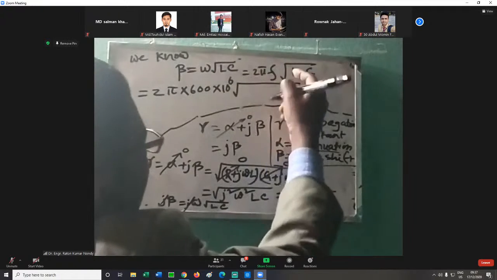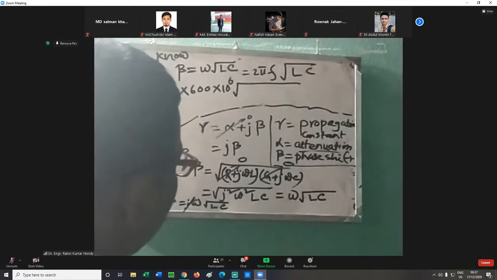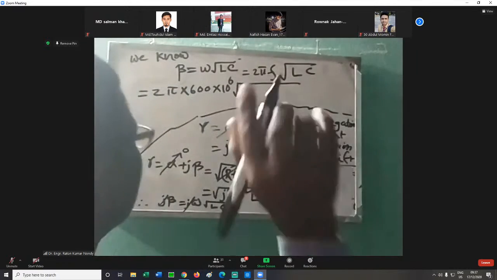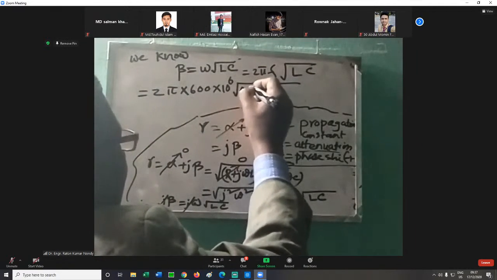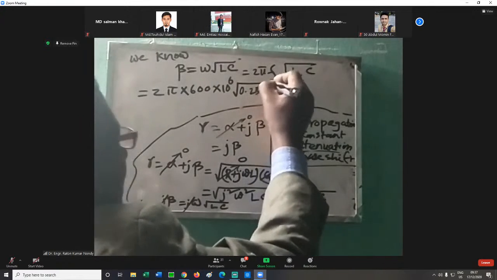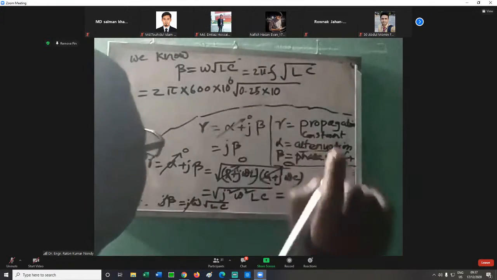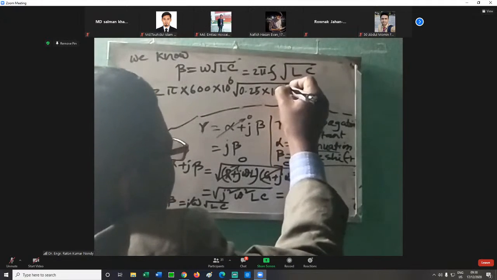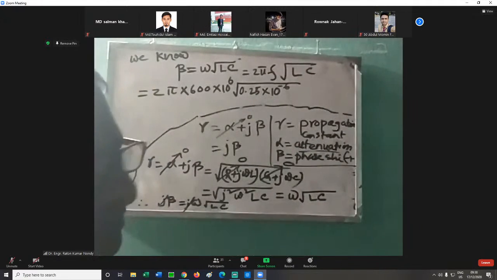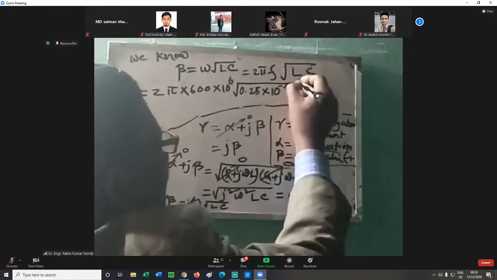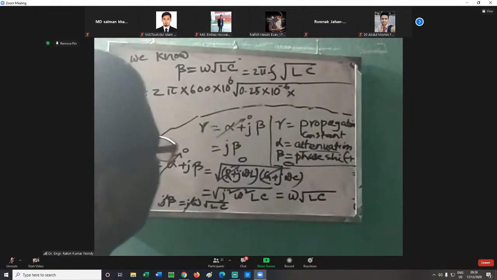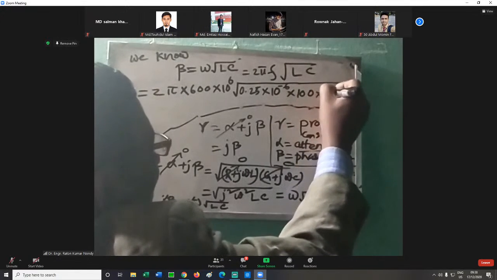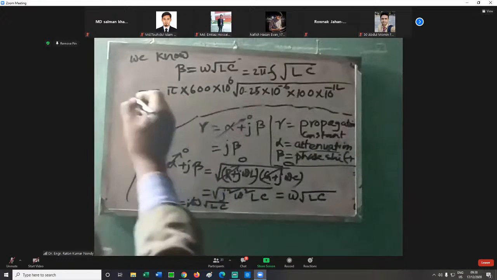L is given in the problem: 0.25 into 10 to the power minus 6. C is 100 into 10 to the power minus 12. Good. What is the result coming?